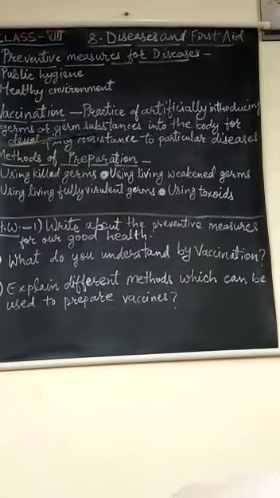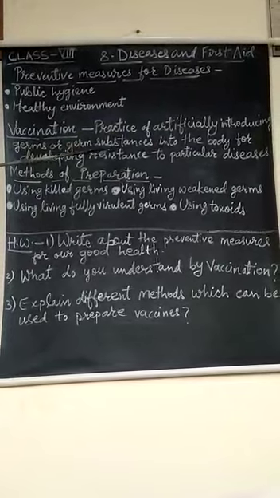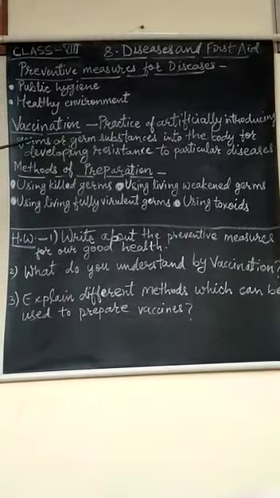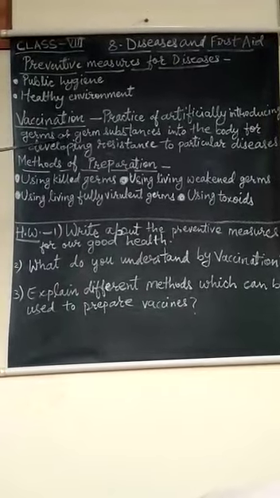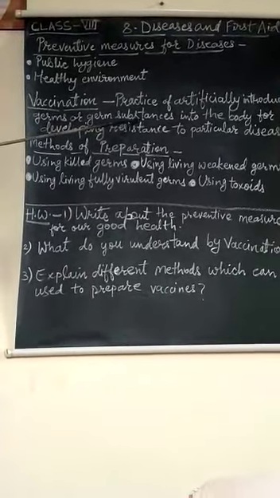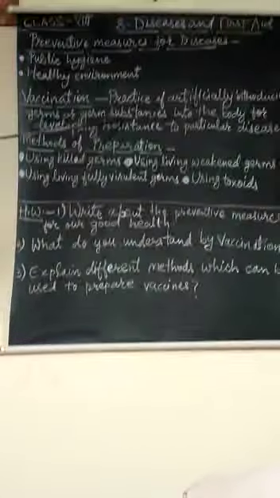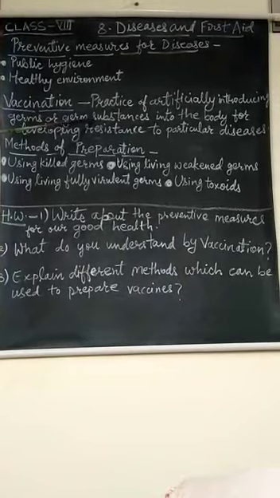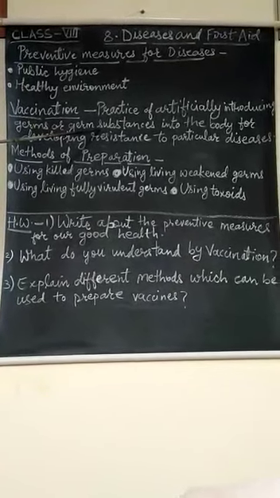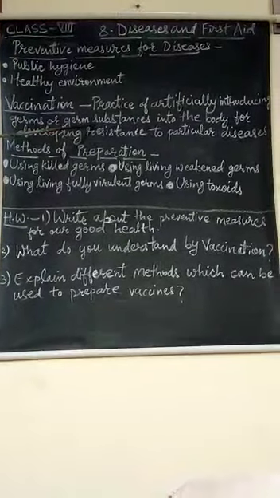In a vaccine, usually a germ, means the disease causing germ, or any substance extracted from the germ body is directly introduced in the body, either orally or through injections.